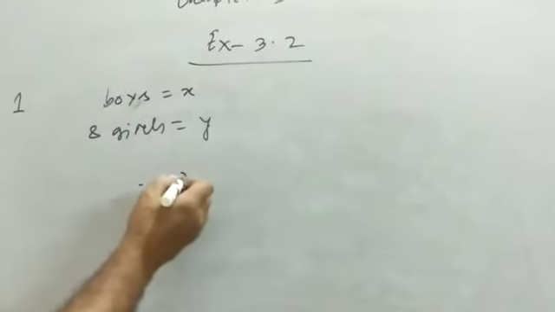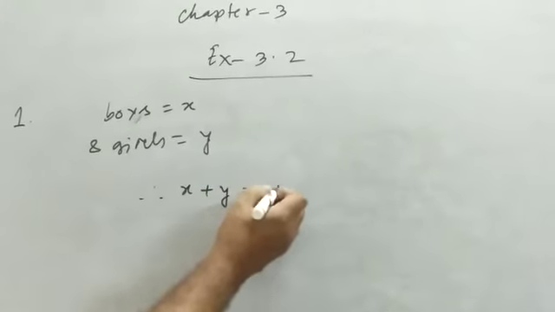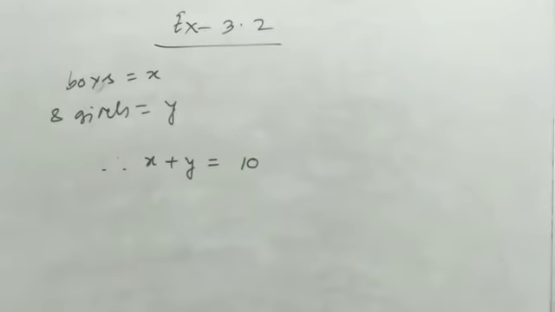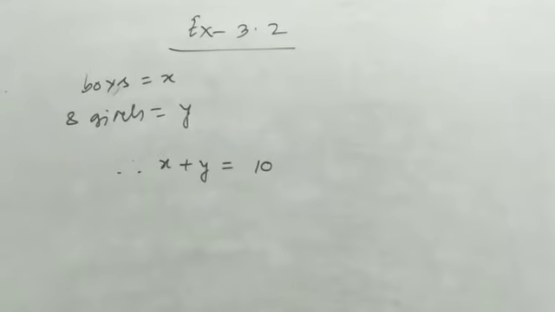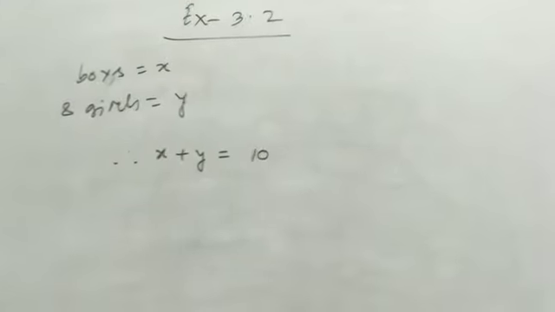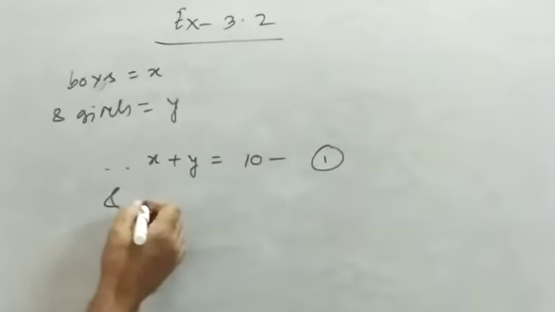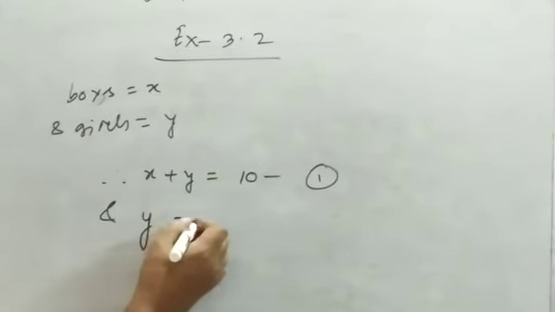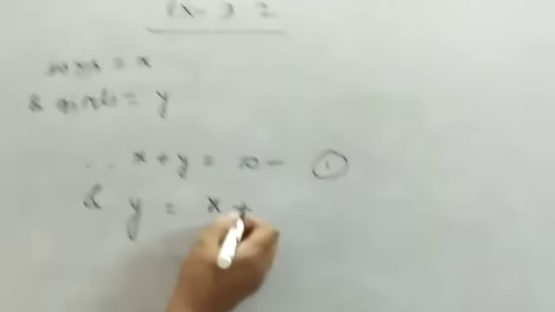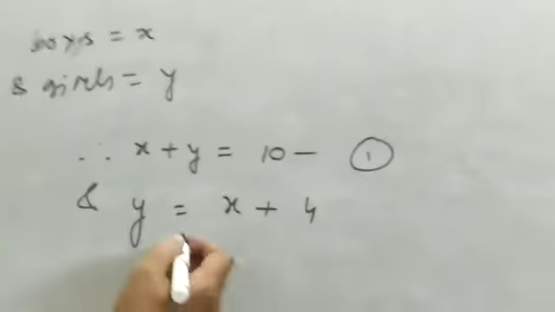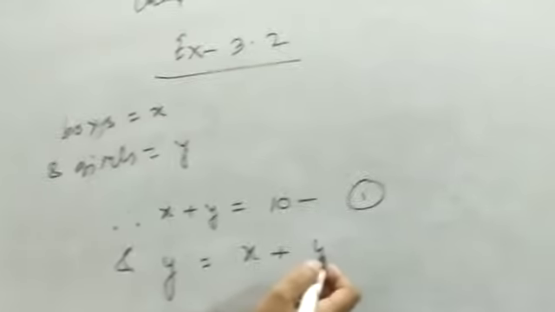Then by condition, how many total students? 10. So x plus y is equal to 10. It is equation number 1. Then the number of girls is 4 more than the number of boys. So this is equation number 2.